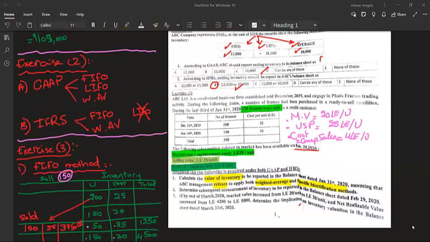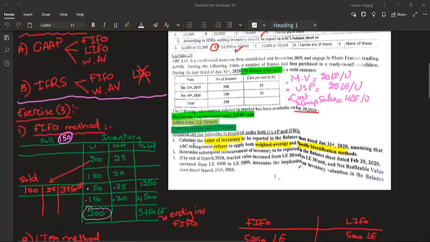In point number 3, he's asking if by the end of March 2020, the market value increased from 20 LE per unit to 30 LE per unit, and the net realizable value increased from 4,200 to 5,000. Determine the implication on inventory valuation in the balance sheet dated March 31st, 2020.